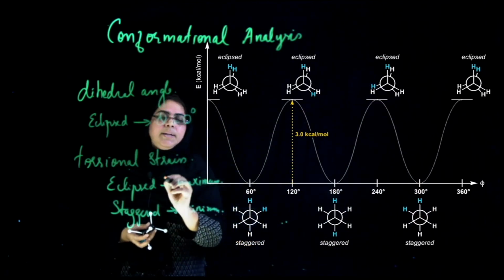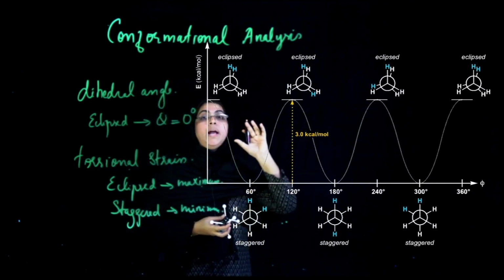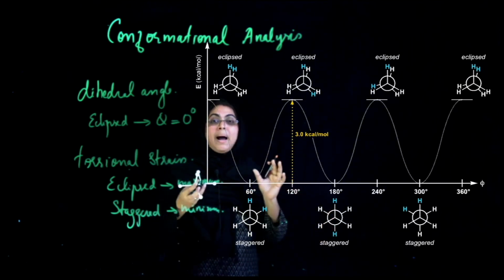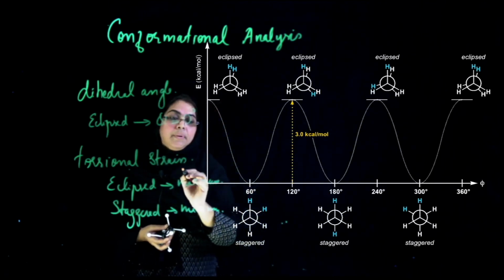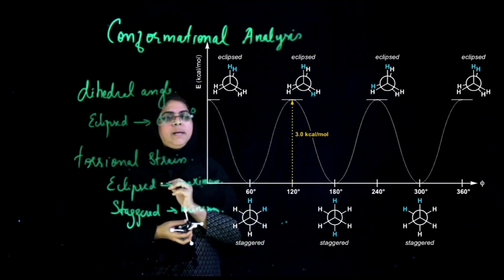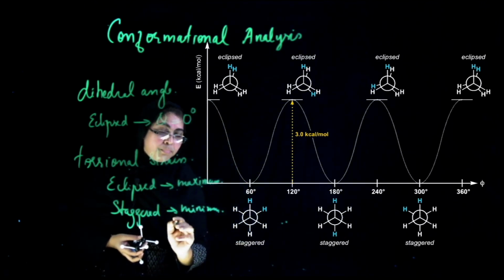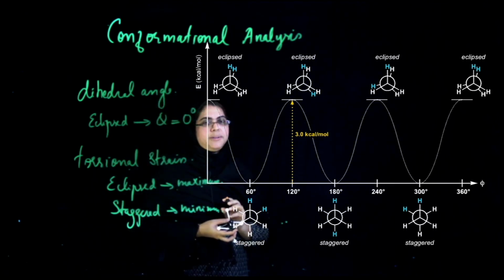So when the torsional strain is maximum, the energy is high, and we know the universal law: maximum energy, minimum stability. So the least stable form is the eclipsed conformation, and the more stable conformation is the staggered conformation.